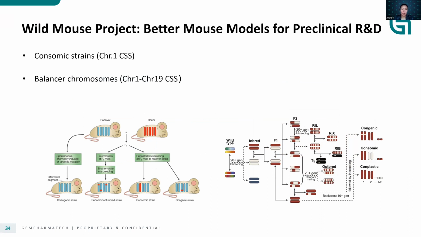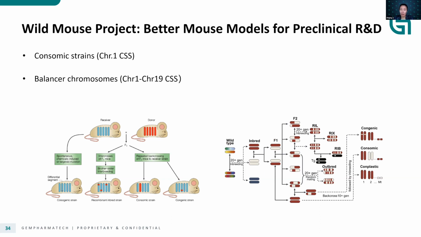So after this point, I've introduced our wild mouse project, focusing on the chromosome 1 consomic strains that we have phenotyped, and 9 more in the pipeline. At the same time, there are 20 pairs of chromosomes in the mouse genome, 19 of them non-sex chromosomes.